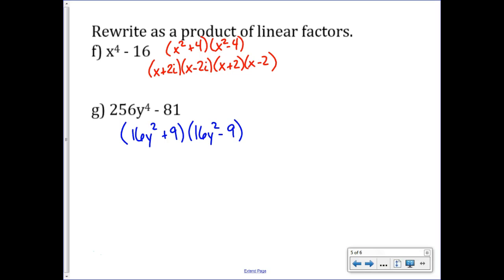So then to take each of those down, I get 4y plus 3i, 4y minus 3i, then I get 4y plus 3, 4y minus 3. So there's your linear factors when you multiply that all out. Or when you divide all of that out, factor it all.